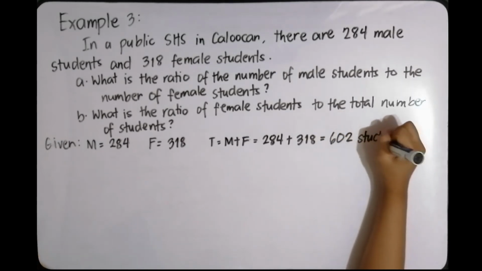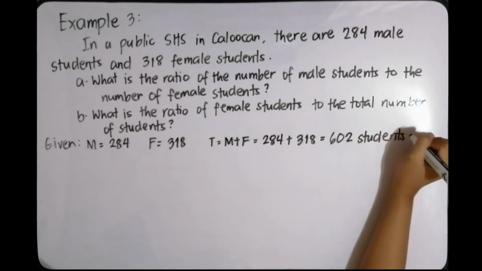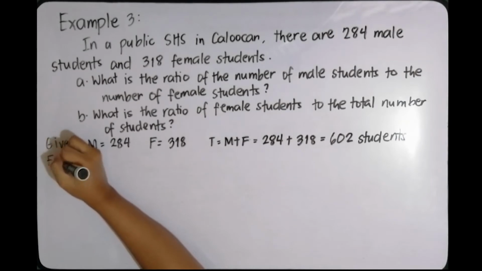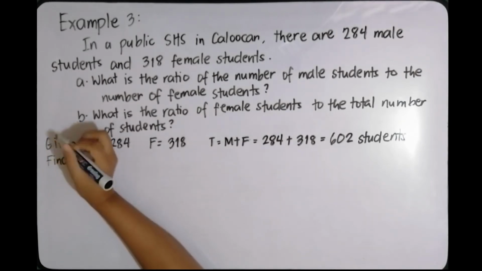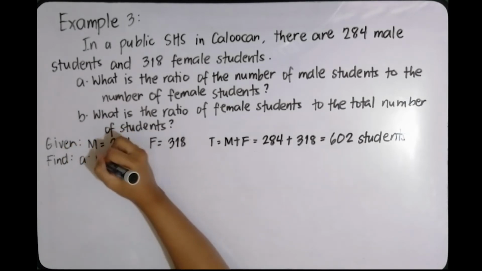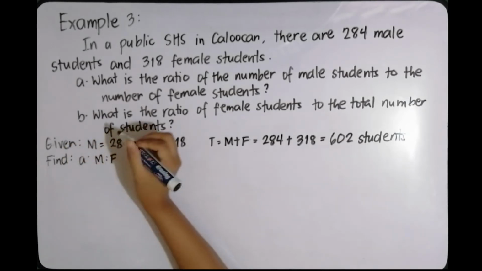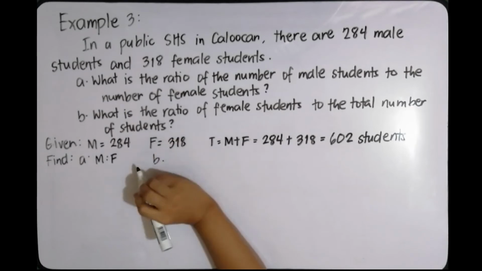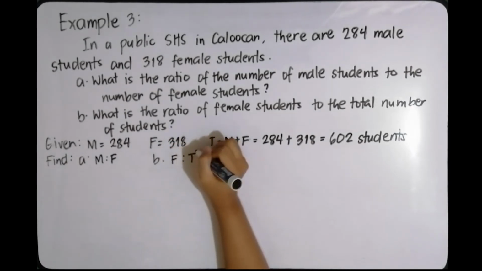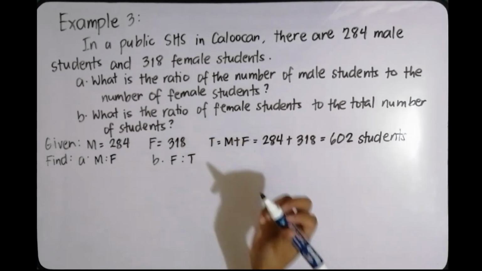So we have a total of 602. First, for letter A, we are looking for the ratio of male to female. For letter B, we are looking for the ratio of female to the total number of students.